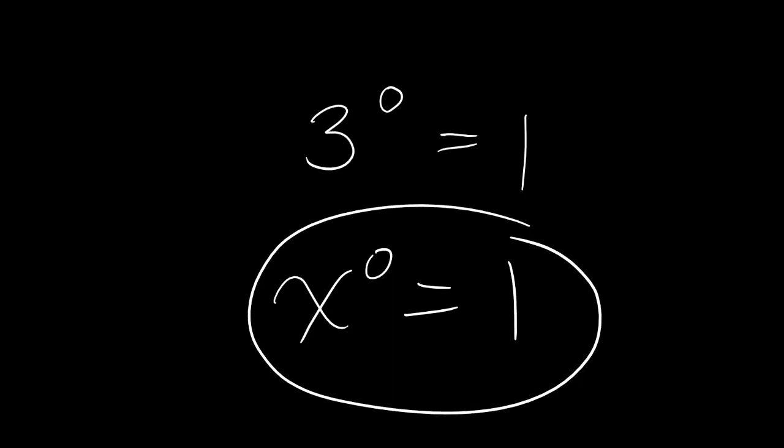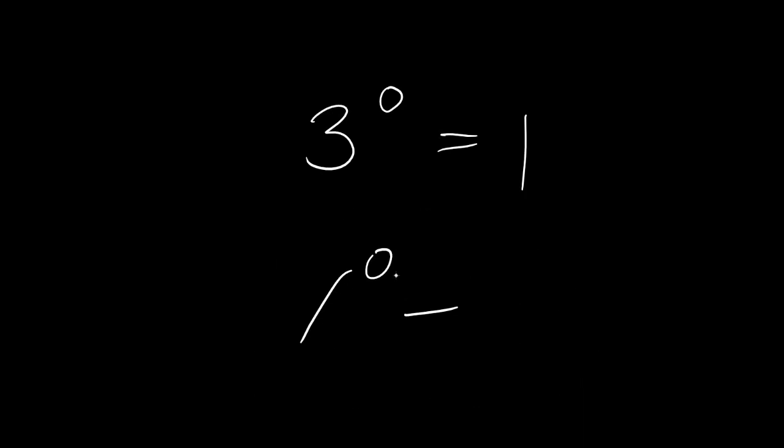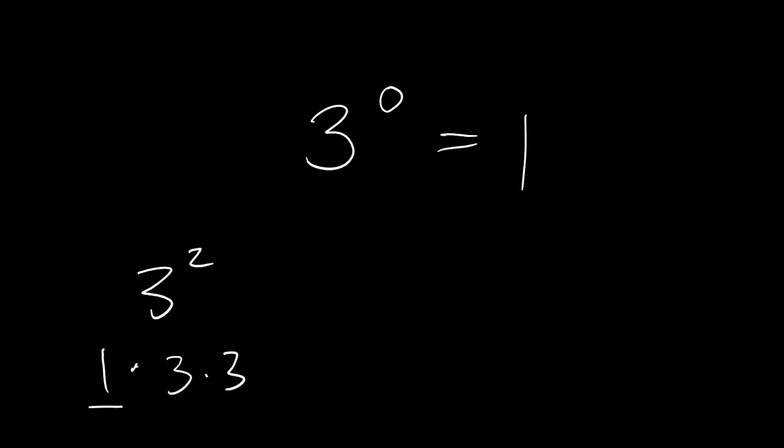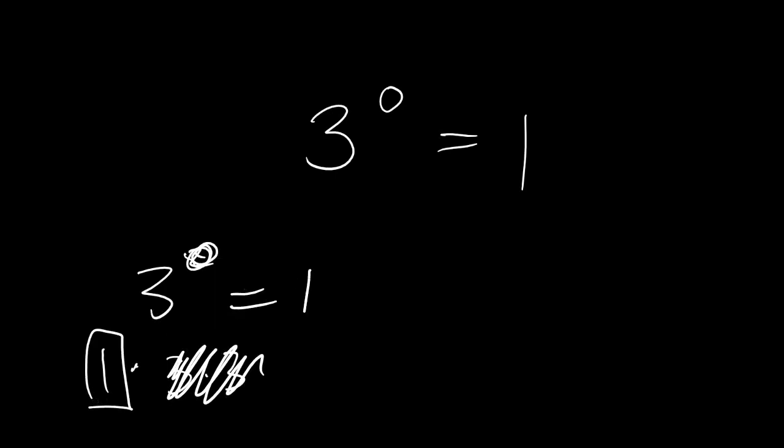So always remember any number to the zeroth power is 1. You can think of it as, for example, 3 squared, that's 1 times 3 times 3. So there's an invisible 1 here. So if there were zero threes, there's no threes anymore. All we're left with is 1. So that's how we get that.